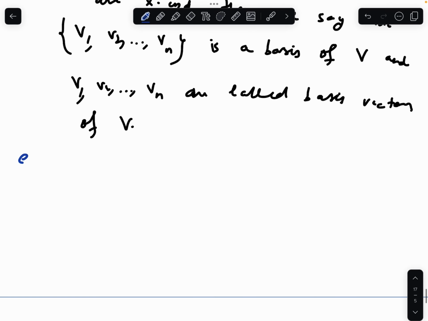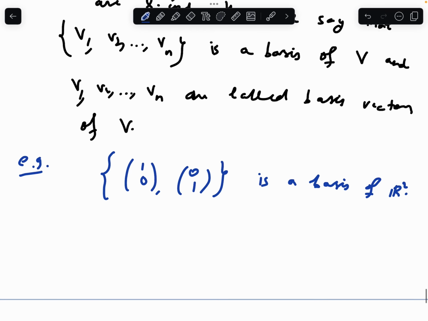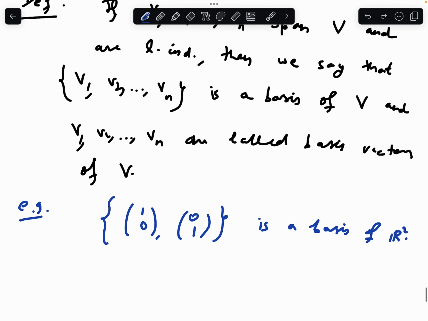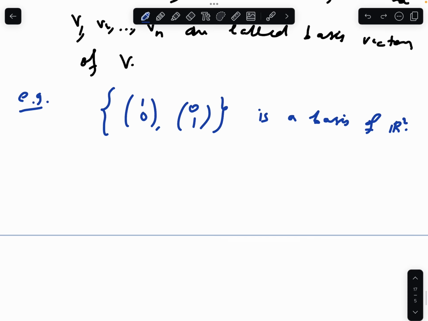For example, (1,0), (0,1) is a basis of R2, okay? Because they span R2 and they are linearly independent as well. Let's choose a notation here because it's difficult to write them again and again.